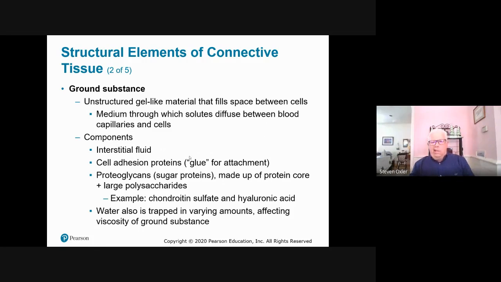What is ground substance? Basically, ground substance is a gel-like material that fills the spaces between cells. It's composed of interstitial fluid, cell proteins, and sugars, and also water.